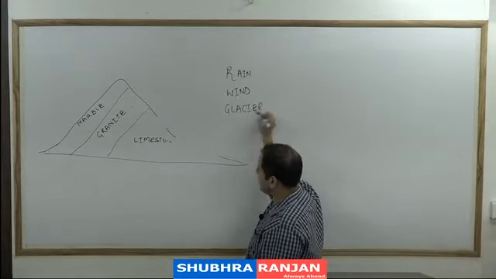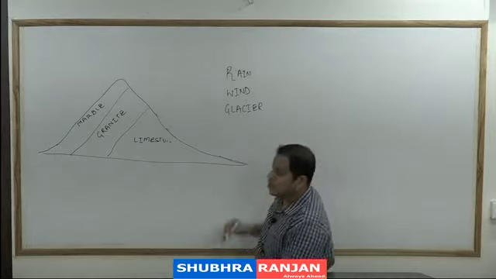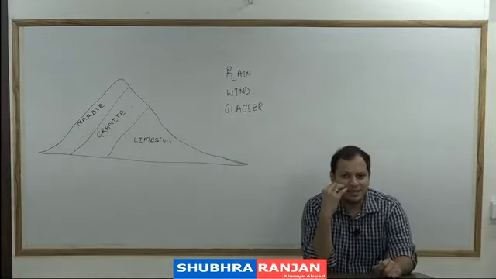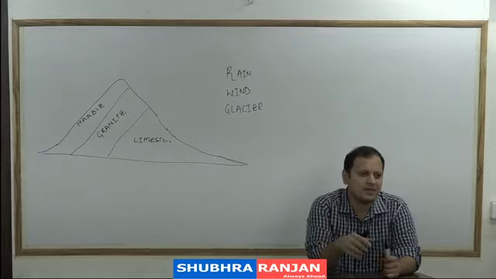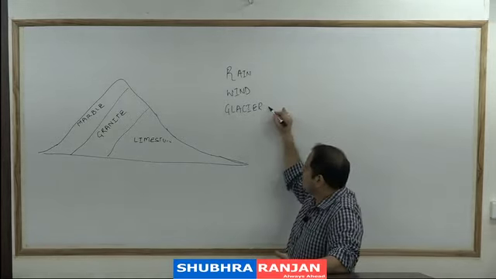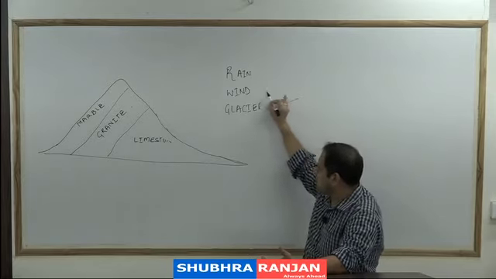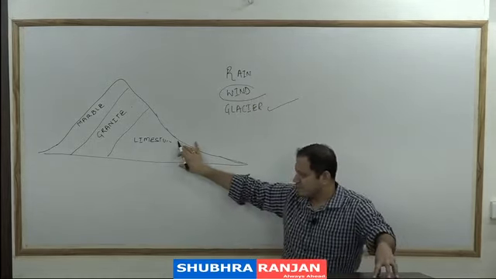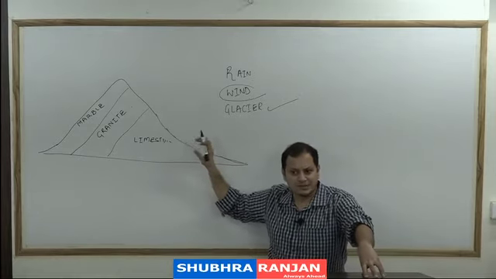If these three are acting on this landform, which will be the most effective and which will be the least effective in eroding a landform? Glacier will be the most effective and the least effective will be winds. Winds will be the least effective. So it again will depend upon what is the kind of rock.